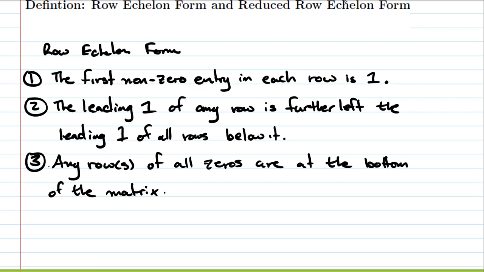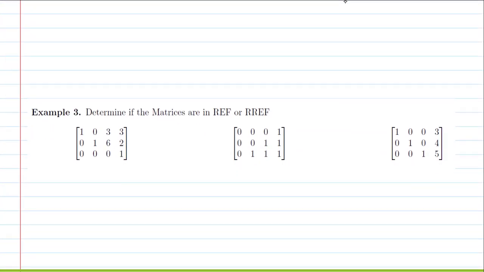The second criterion says the leading one of any row is further left than the leading one of all rows below it. Okay, so here's my leading one in row 1. Is it further to the left than all the leading ones below it? Yes. Then I check my next leading one. Is this further to the left than all the leading ones below it? Yes.